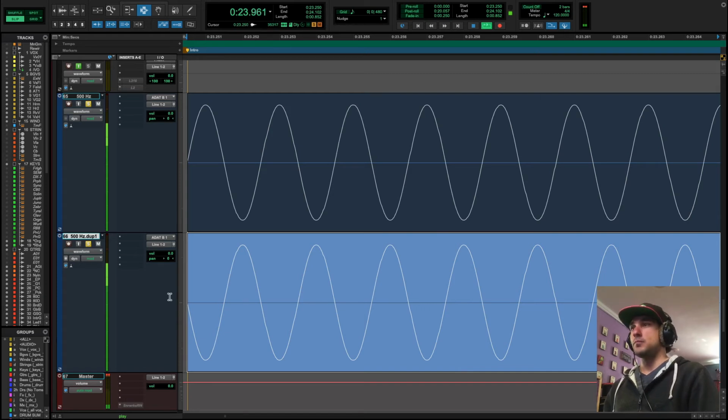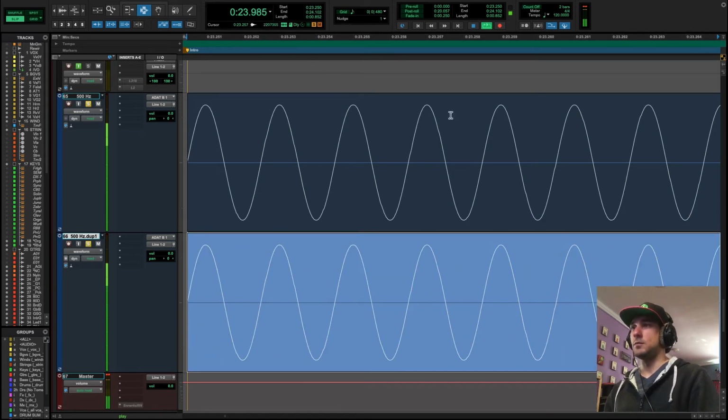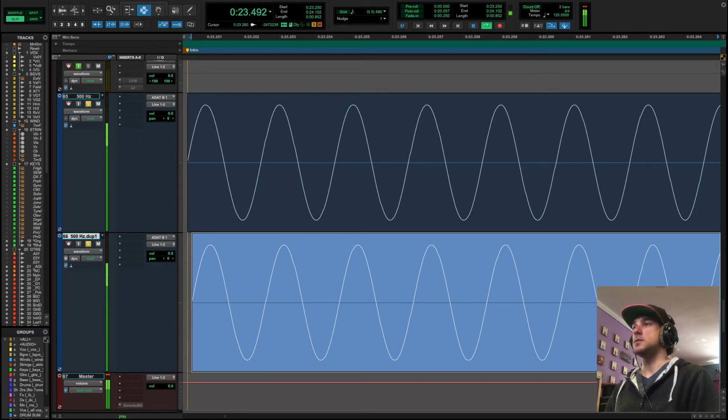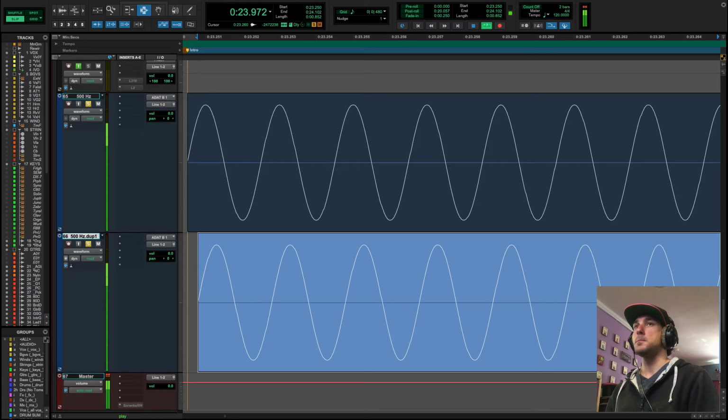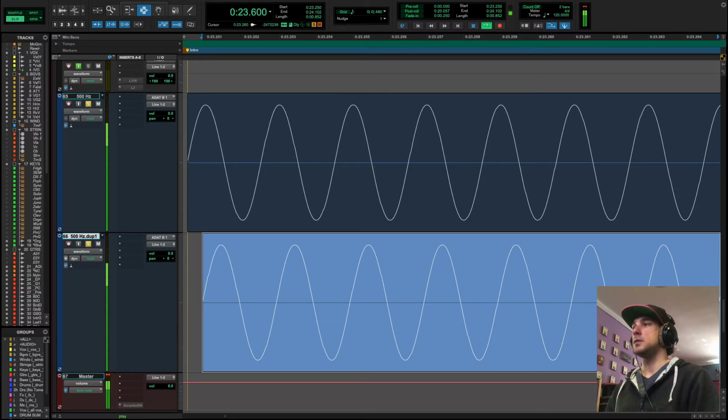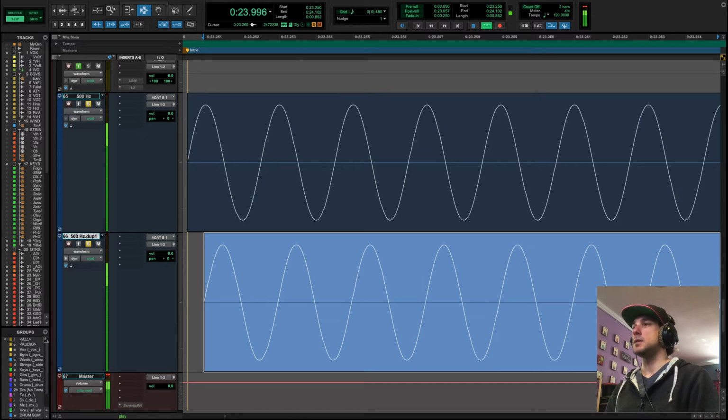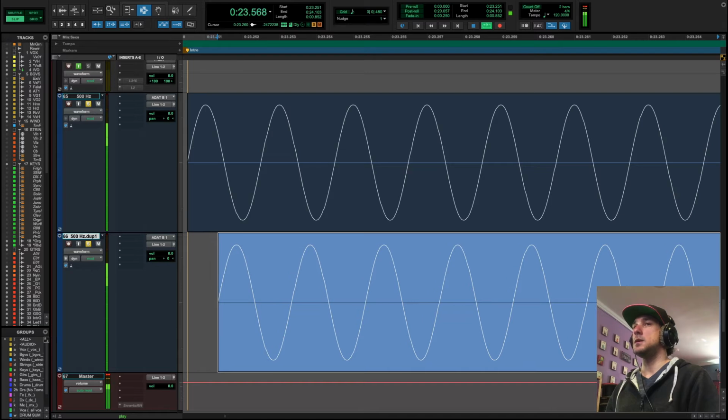So let's put the polarity back here the way it originally was. I can shift the phase by just nudging either one of these sine waves in time. And you can hear that start to affect the tone of the combination of signals.